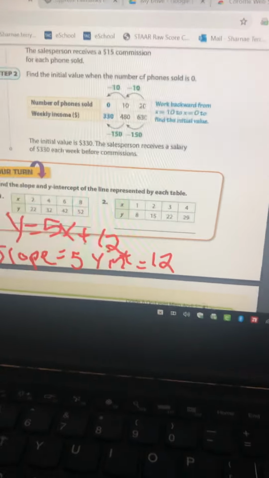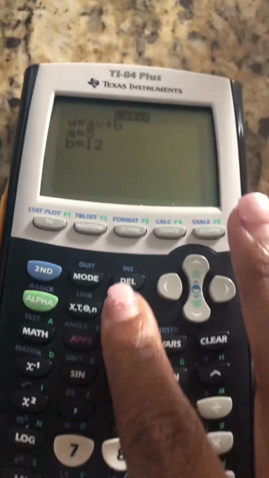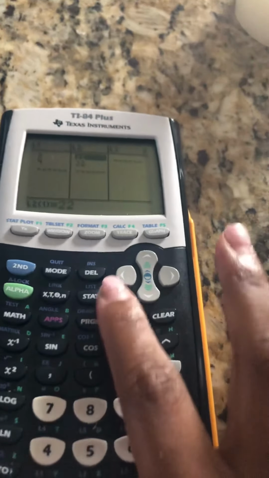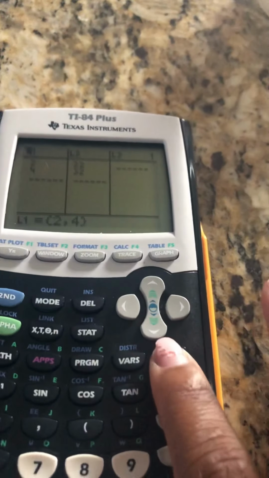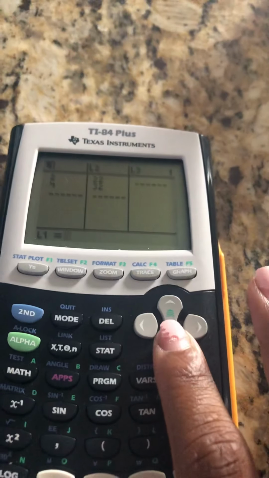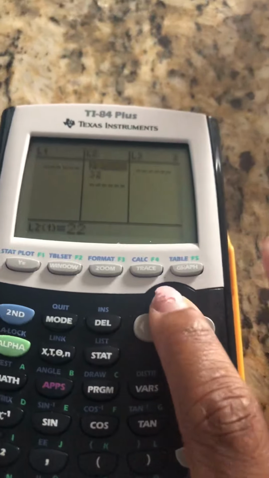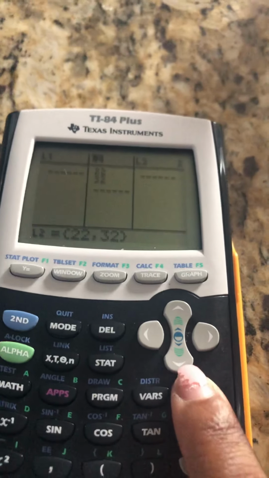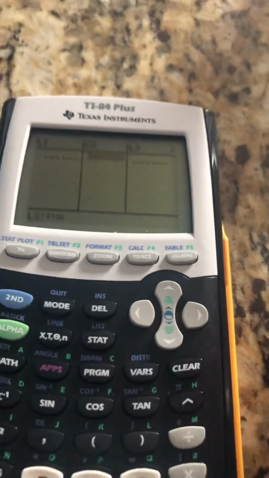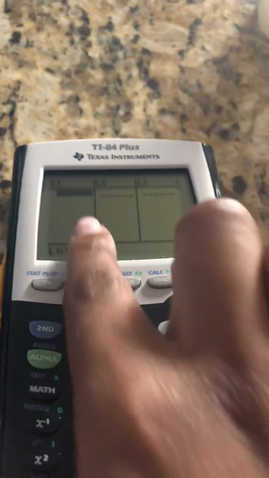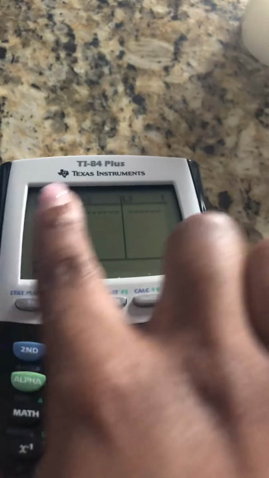Okay, so I'm going to go back and hit stat. I want edit, number 1, stat edit. I need to clear everything out. So I go up to L1, make sure it's highlighted, hit clear, and then the down arrow. And I'm gonna clear out L2, make sure it's highlighted, clear, down arrow. Now I'm ready to put in my next points. Remember, L1 is where your X's go, L2 is where your Y's go.